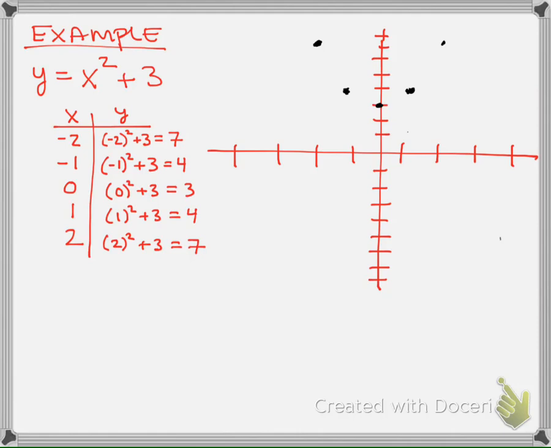So I got a graph that looks somewhere right here. Now, see if I can do a better job of going through all the points. So we've got a graph that looks like this. Alright. So here's our curve that we were able to draw using our point plotting method.